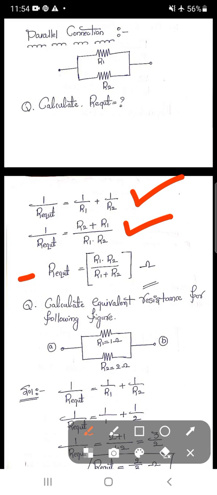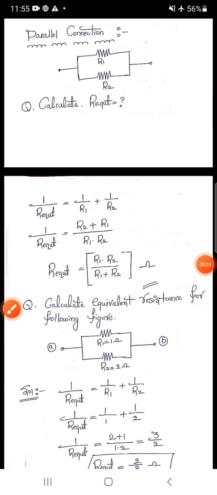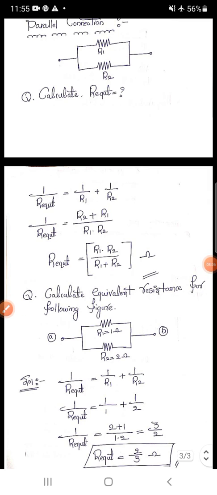But we require R equivalent, so we need to take the reciprocal of that expression. So R equivalent is equal to R1 into R2 divided by R1 plus R2. Like this we can get the equivalent resistance for a parallel combination of resistances.